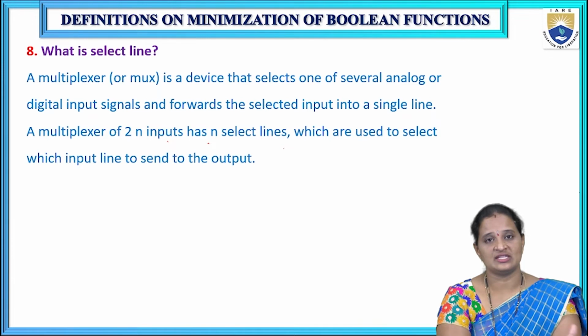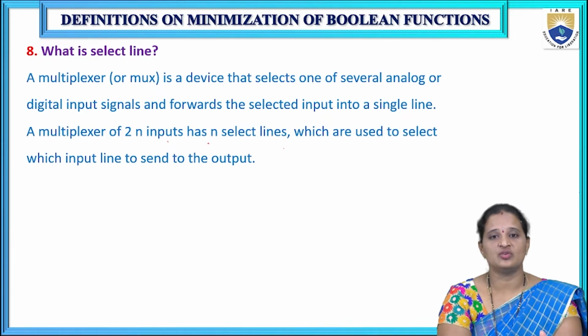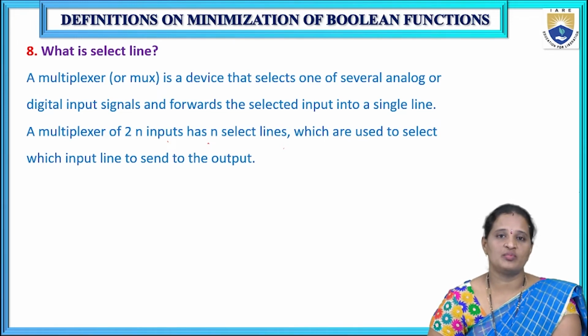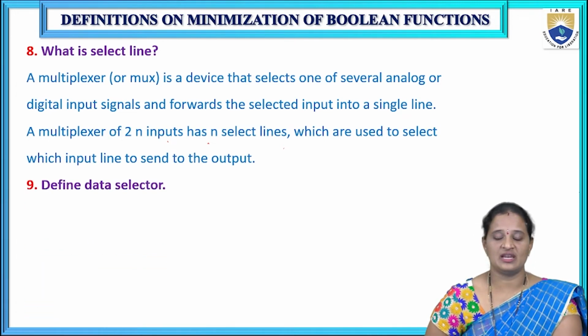So we can say that select lines are the control inputs of a multiplexer, based on which any one of the 2^n input lines will be selected and transferred to the single output line of a multiplexer. So this is the basic definition of select line.